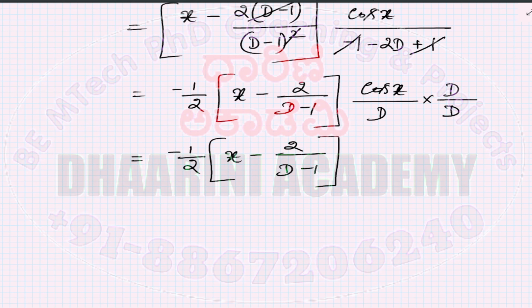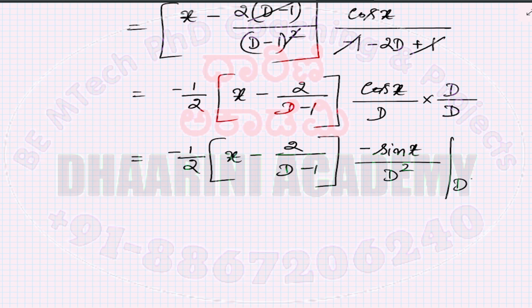So this is nothing but differentiation of cos x. So differentiation of cos x is minus sin x, whole divided by, there is a D square.